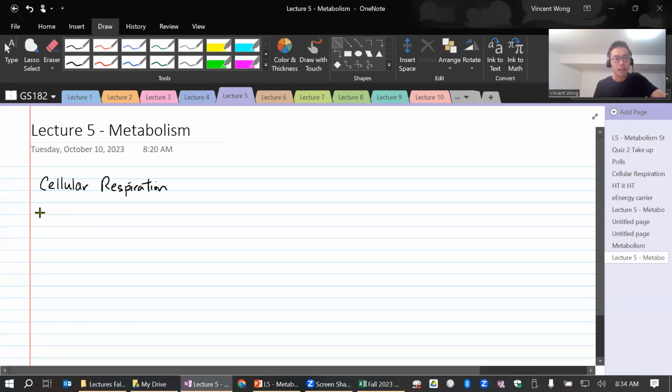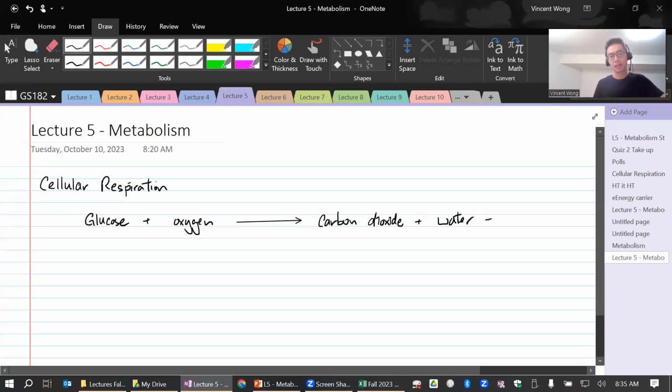All right. The overall reaction equation for cellular respiration goes like this: glucose plus oxygen produces carbon dioxide plus water and energy in the form of ATP. Okay, we can, of course, write it as a chemical formula as well.